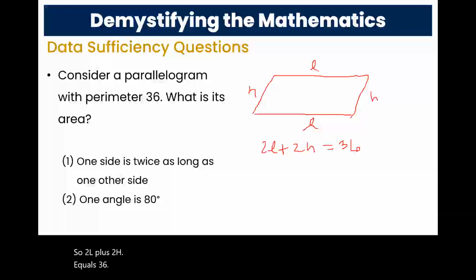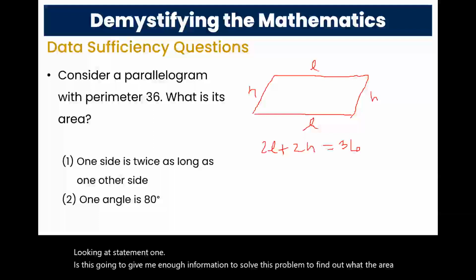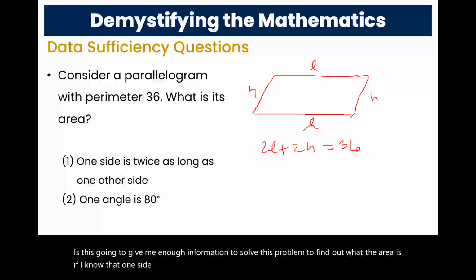Looking at statement 1, is this going to give me enough information to find out what the area is, if I know that one side is twice as long as the other side?